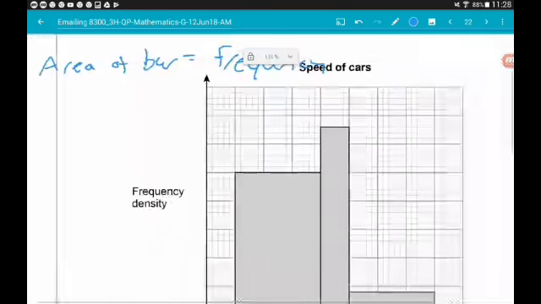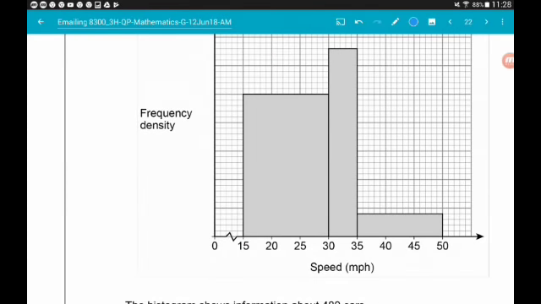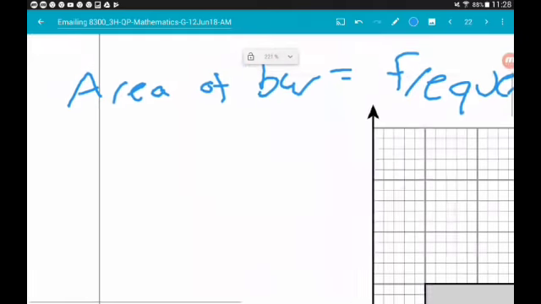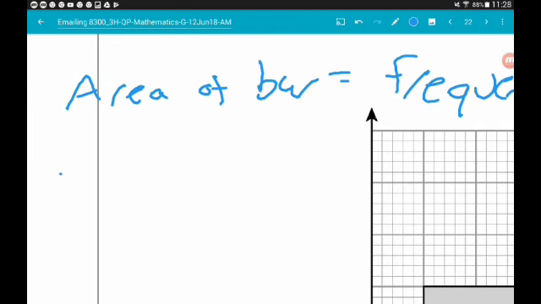So, if we look at the bars, they are rectangles. Along the bottom, we have the interval width. Going up the side, we have frequency density. So, we can say that frequency density times interval width is equal to the frequency.